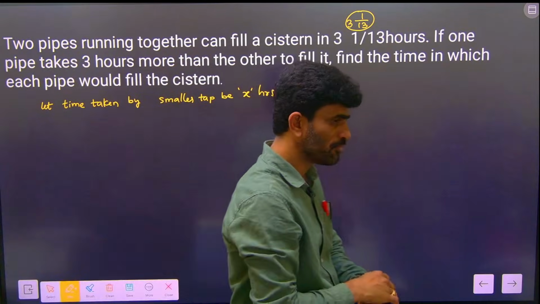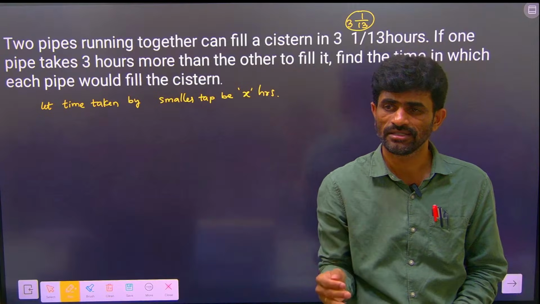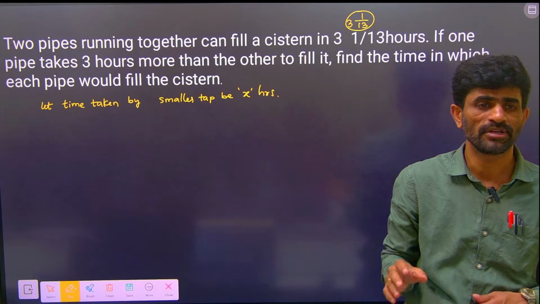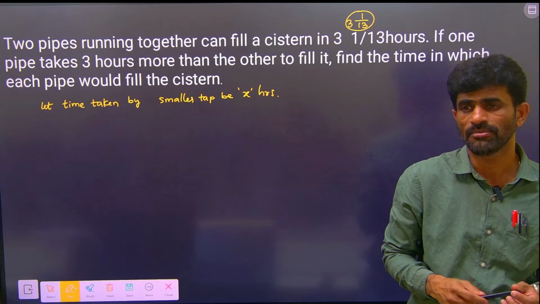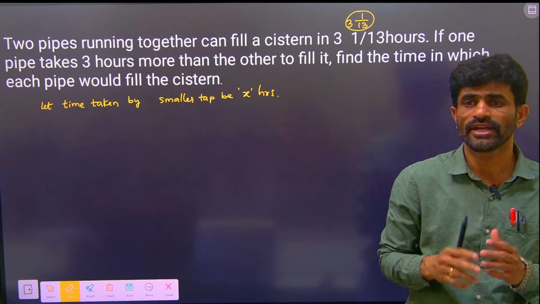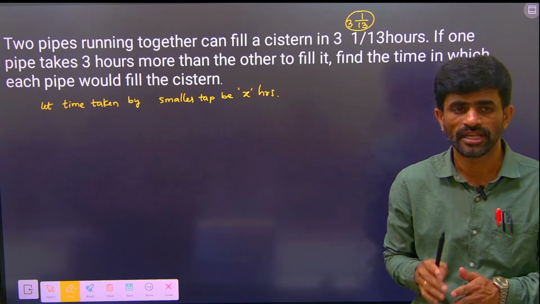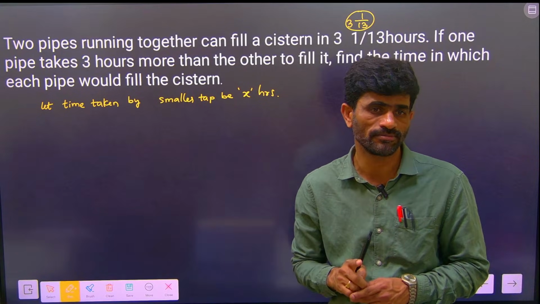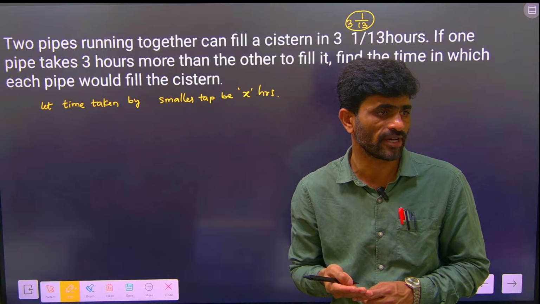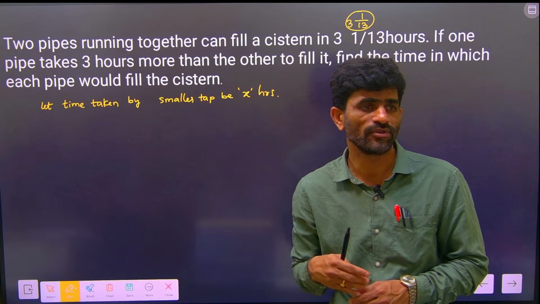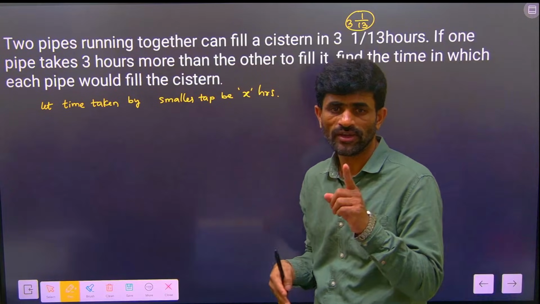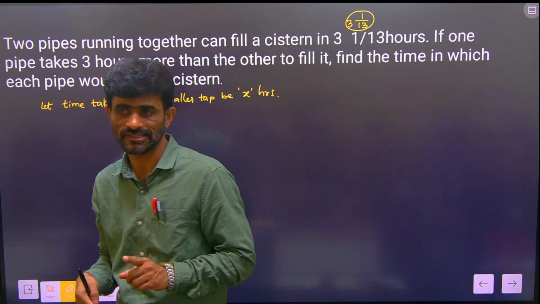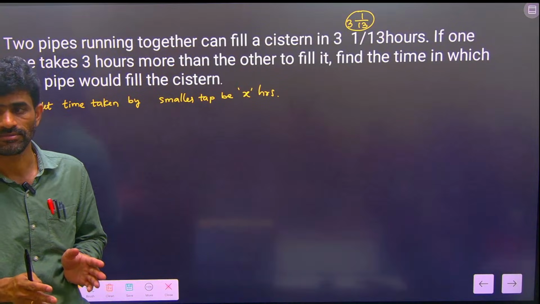Here the very important point is the relation between work done and time taken. Suppose if you take 10 days to complete a work, in one day you will complete 1 by 10. If you take 100 days, in one day you will complete 1 by 100. If you take x hours to complete, in 1 hour you will complete 1 by x of the total work.